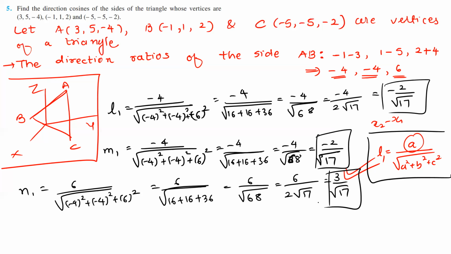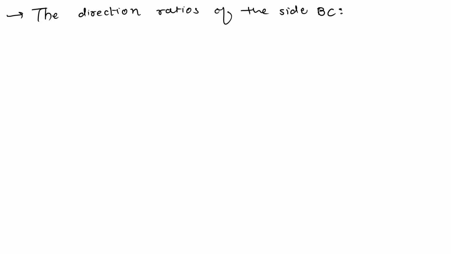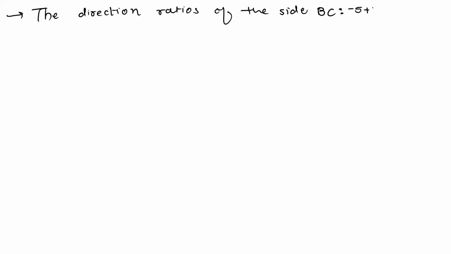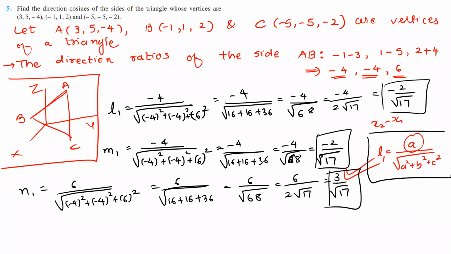Let's find the direction cosines of side BC, but for that we have to find the direction ratios. BC means coordinate of C minus B: -5 minus -1, -5 minus 1, -2 minus 2, so -4, -6, -4.